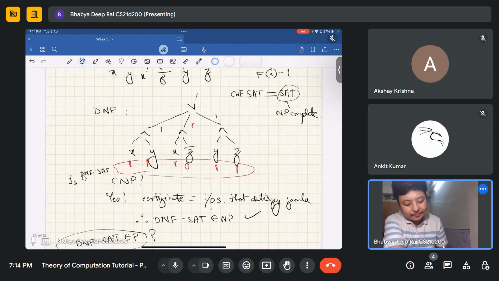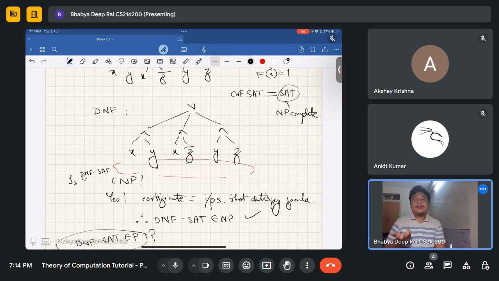Here is the formula we are given. So I ask you, give me any input that satisfies this formula. Give me any input that satisfies this formula.